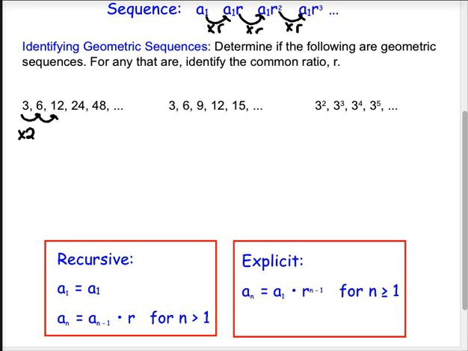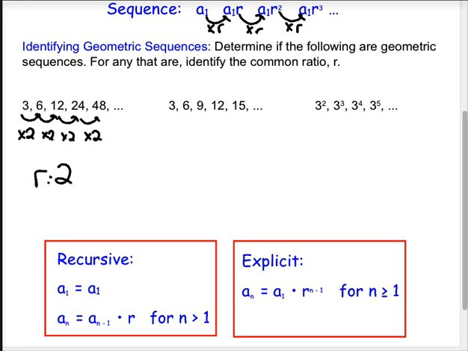Or 12 divided by 6 is 2. 24 divided by 12 is 2, and 48 divided by 24 is 2. So this one truly is geometric. We are multiplying by that same number over and over again. And what is that number? Well, that number is 2.